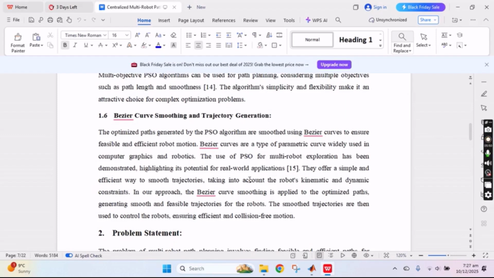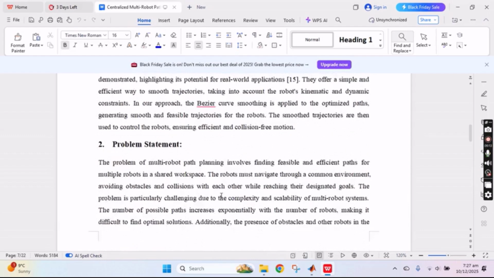Okay, and the Bézier curve is also a parametric curve widely used in computer graphics and robotics, and in our case it provides smoothness with optimized paths and generates smooth and feasible trajectories for the robot.